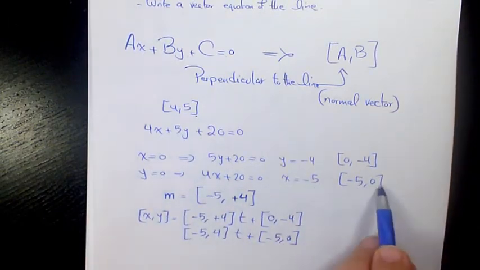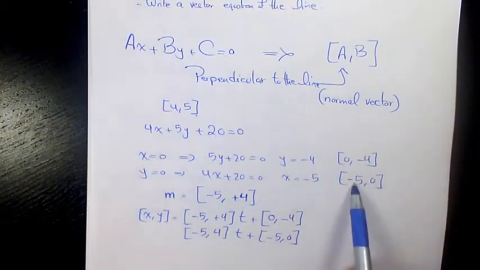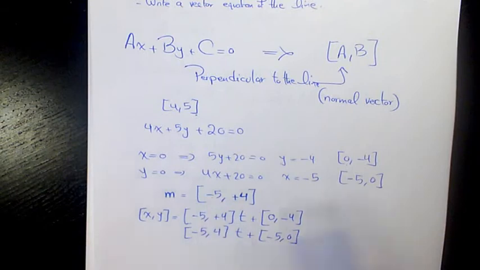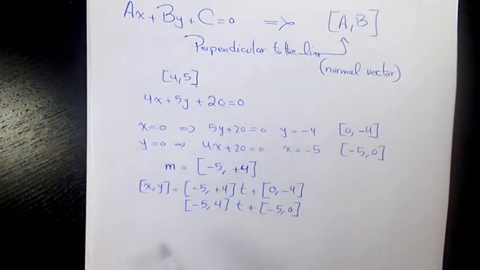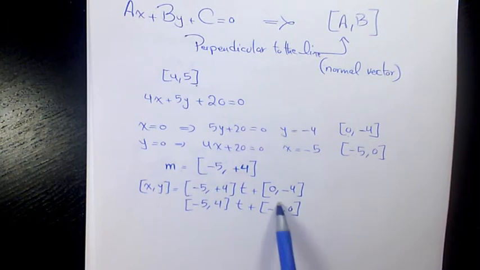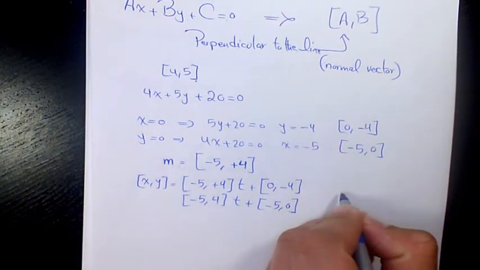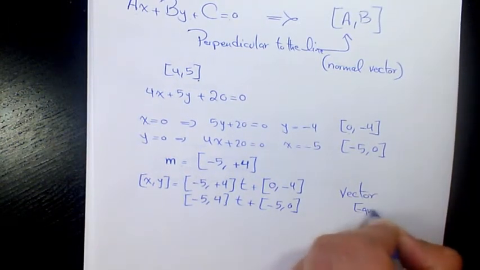So it's going to be negative 5 and 0. So m will be negative 5 minus 0, which is negative 5. 0 minus negative 4 is going to be 4. So that's the slope. It's going to be negative 5 and 4 t plus any point, which can be 0, negative 4, or negative 5 and 0. So any of these equations is acceptable, and both of them are vector equations.